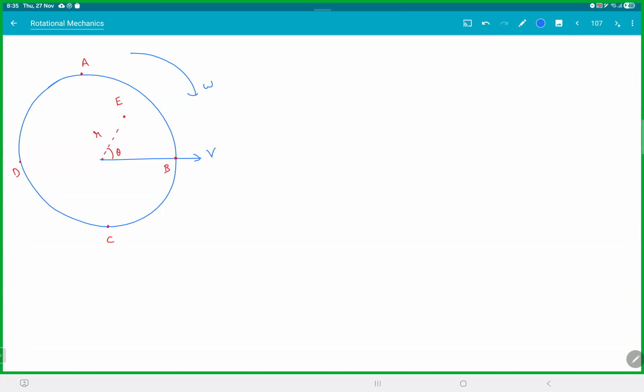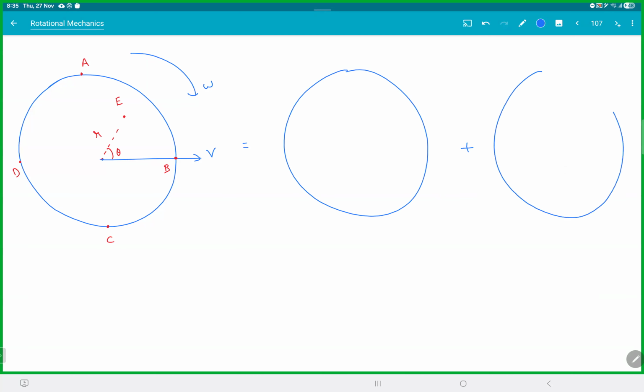So there are like two components. Due to translation, everyone will be going with v horizontally.